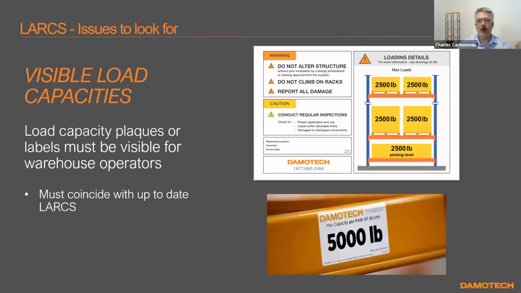It's saying, don't alter the structure without asking for an engineer or the supplier. Don't climb on the racks ever. Report all damage, conduct regular inspections, and so on. And on the right, you've got what's the maximum load that you can put in there. These are 2,500 pound pallets, very typical. And there's a picking level at the bottom where you could put a total of 2,500 pounds, right?